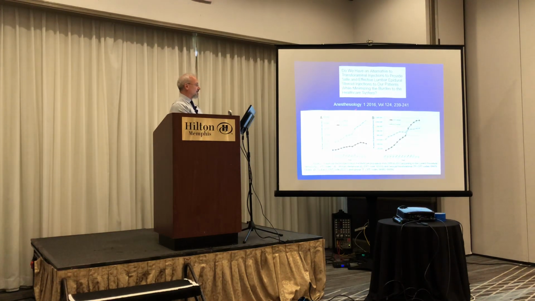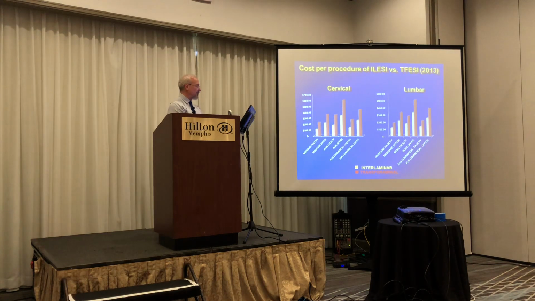We published this, myself and a few of my colleagues, in the esteemed journal Anesthesiology a few years ago, looking at the data. The greatest rate of rise of interventional pain procedures is lumbar transforaminal epidural steroid injections. And if you look at it, I'm not saying again that economics fuels medical decision making, but it's undeniable that the reimbursement for transforaminal injections is about 150% of what it is for interlaminar injections.